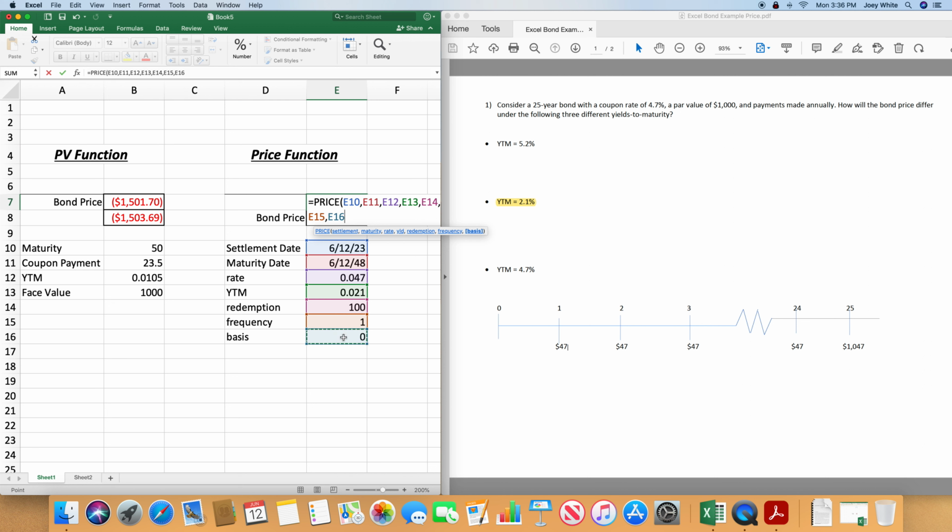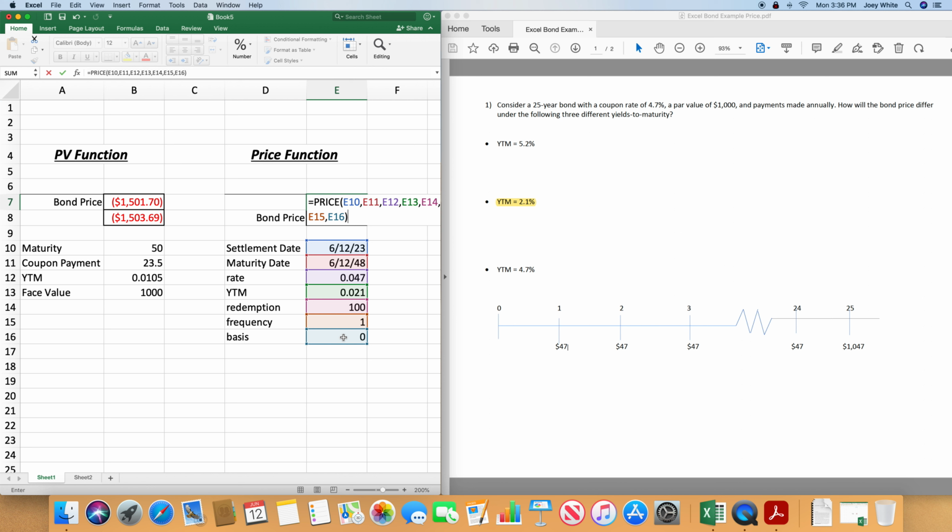Okay. Now, before I click enter, you're going to notice something slightly different about this price, and that's because the price function always gives you a price that's a percentage of par, as opposed to the PV function, where the price is just going to be in dollars.